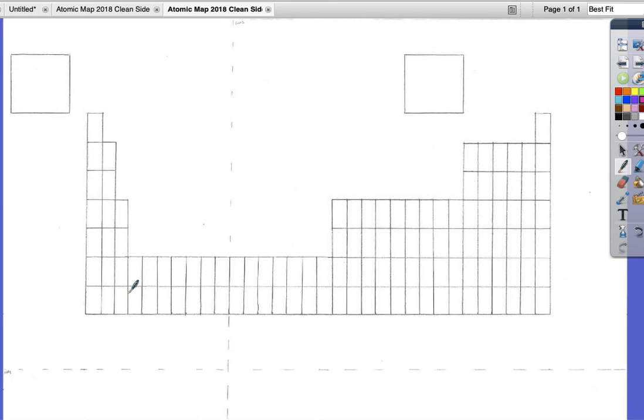Okay, alright, now, next fold, I want the big boxes to go away. So what you're going to do is you're going to fold right along the bottom of your big boxes and fold it backwards. Okay? And you'll just leave the top of your periodic table.